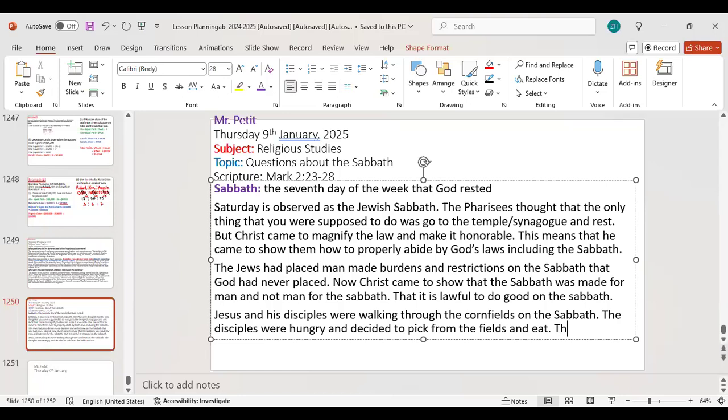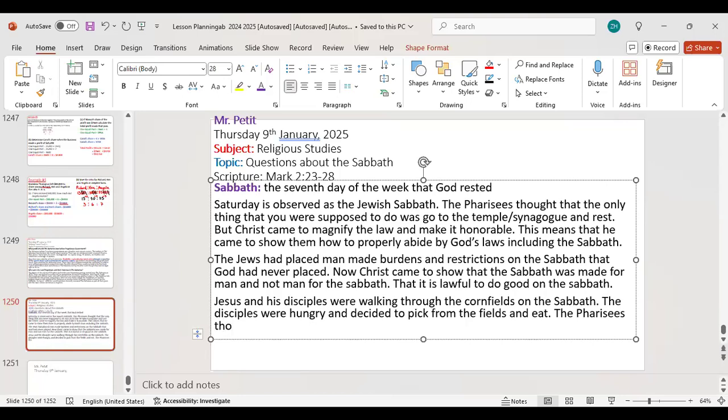The Pharisees thought that the act of plucking the corn was considered work.